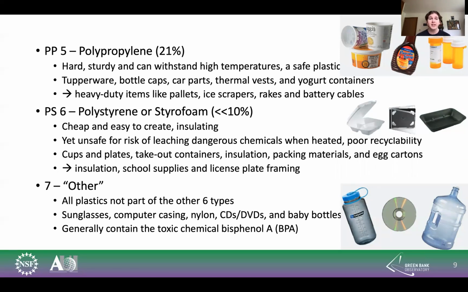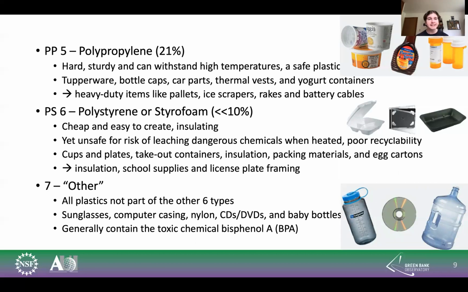This is why you'll find that Tupperware is made out of polypropylene, bottle caps, car parts, thermal vests, and lots of the containers for food products in your fridge that are meant to last more long term. This plastic can then be occasionally recycled into things like ice scrapers and rakes and things like that, because it is a much sturdier plastic.